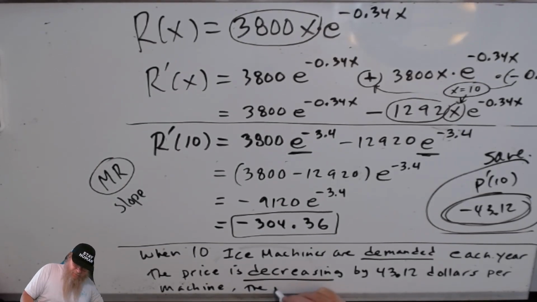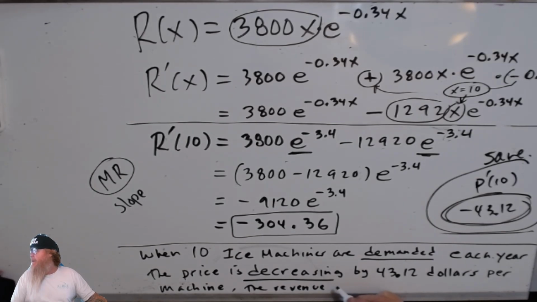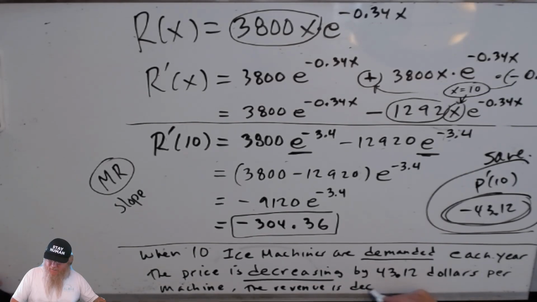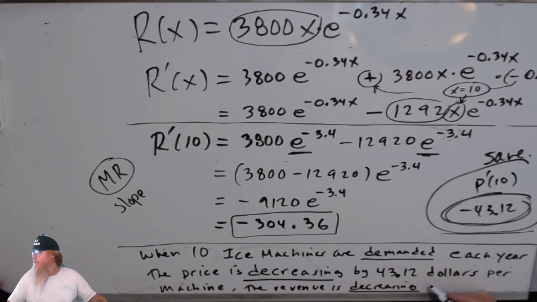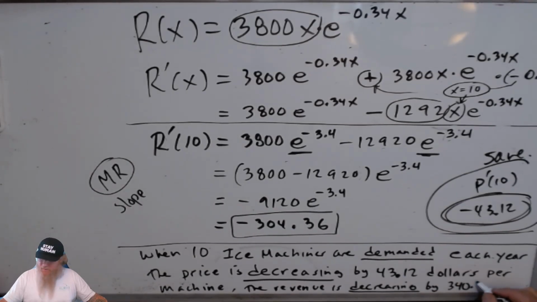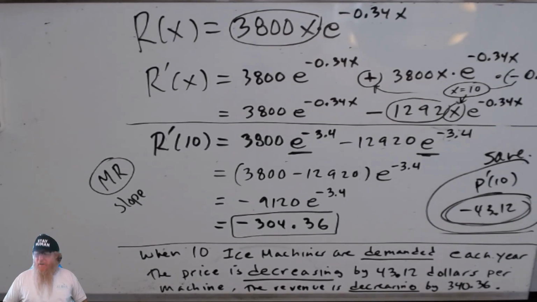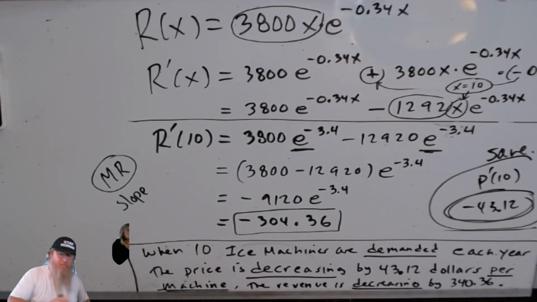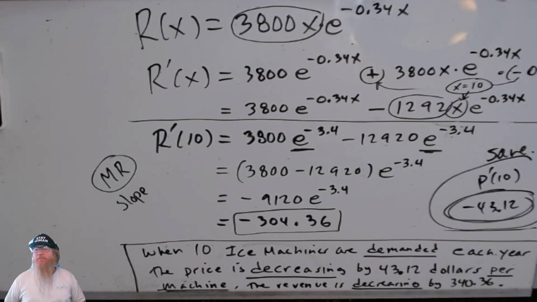And the revenue is decreasing. It's also decreasing by, or at a rate of $304.36, again, per ice machine, or per freezer.